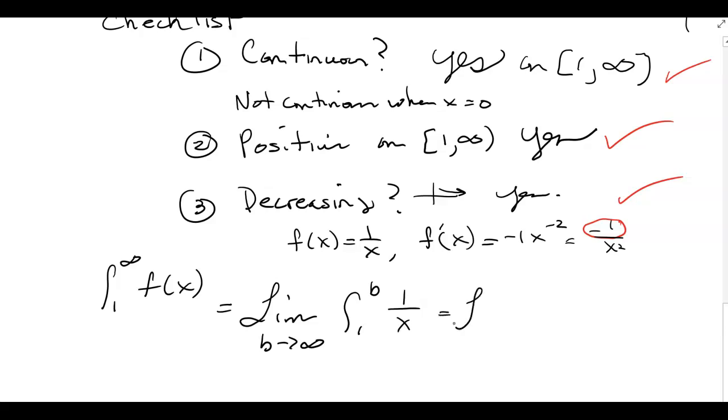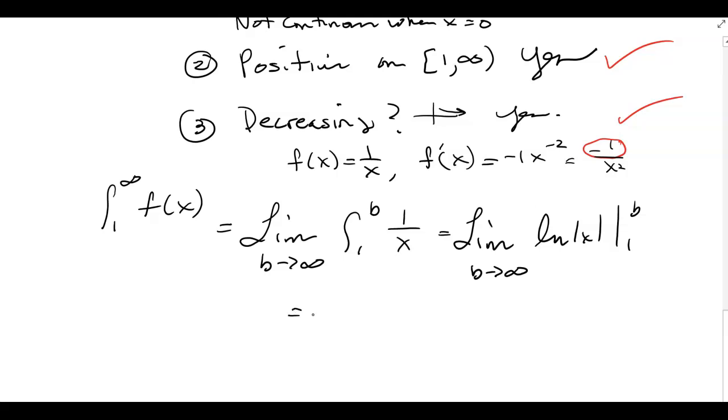So, that's the limit as b goes to infinity of ln x from 1 to b. Finish it out. Of ln b minus ln 1, right?